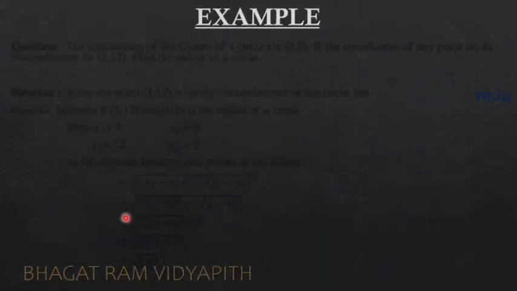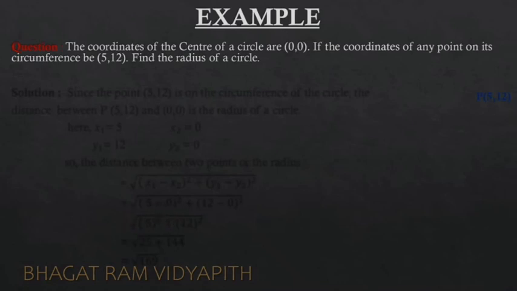Another example. The coordinates of the center of a circle are (0, 0), which is nothing but the origin. If the coordinate of any point on its circumference is (5, 12), find the radius of the circle.